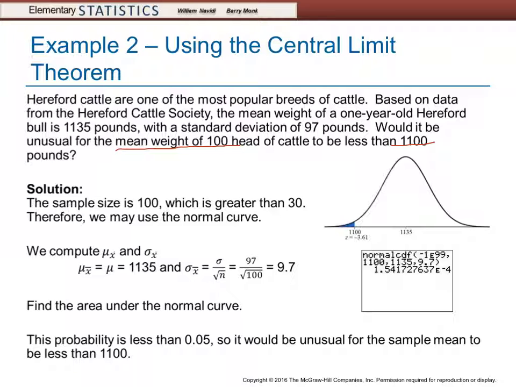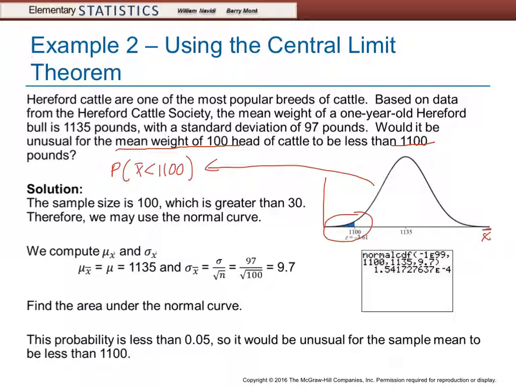So what we're saying is the probability that X bar is less than 1100, and that comes from drawing the sampling distribution. There it is, right? So we're looking at this area.